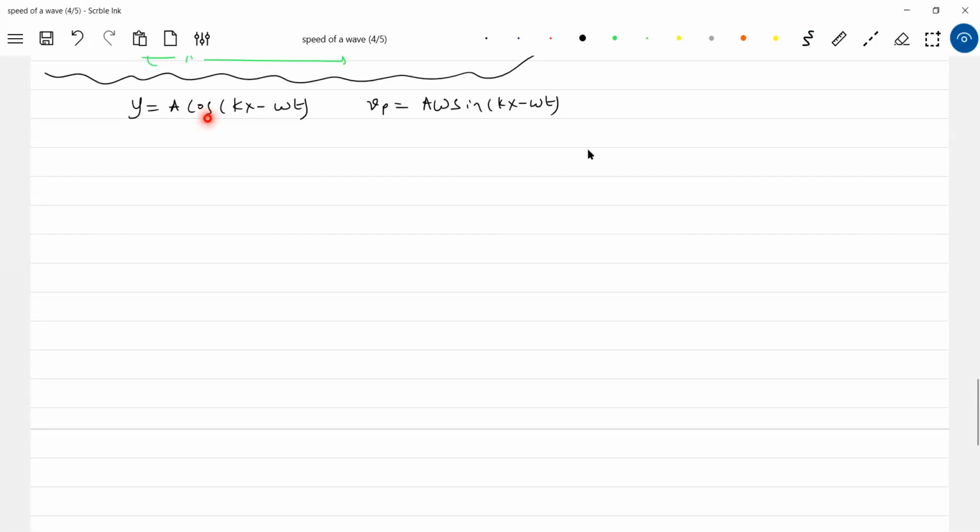Derivative of cos will be minus sine, and with the negative here, this will be positive. So a omega sine kx minus omega t. Okay, look at it now. Let's try to plot the shape of the rope at t equals 0. In what direction is it propagating? Towards right again.